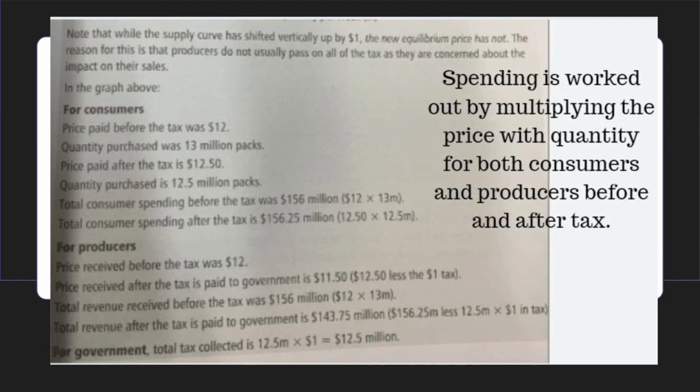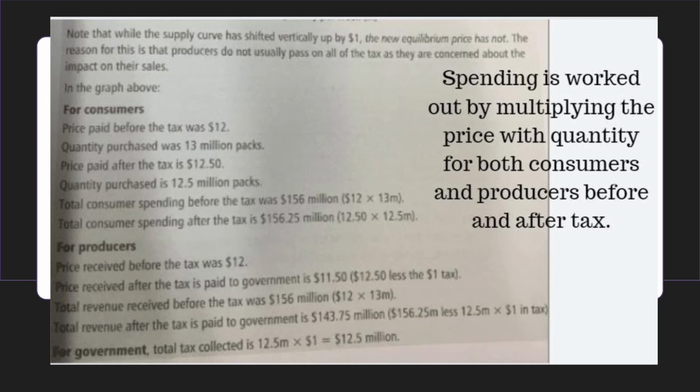Alright, so this part is also in your books, so you might like to read along, and it might make a bit more sense if you use your graph and your book at the same time. So whilst the supply curve has shifted vertically upward by $1, the new equilibrium price has not.